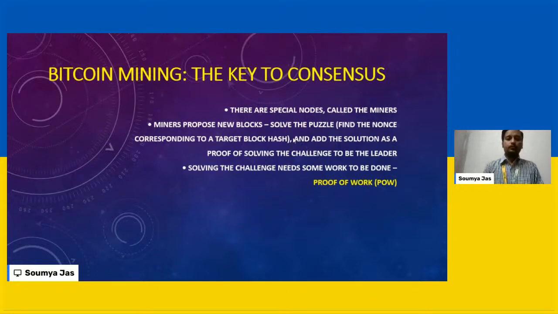Here the proof means that the miner is actually telling us that he has been able to solve that hard-coded algorithm. So this block is a valid block, and this block can be added to the blockchain.